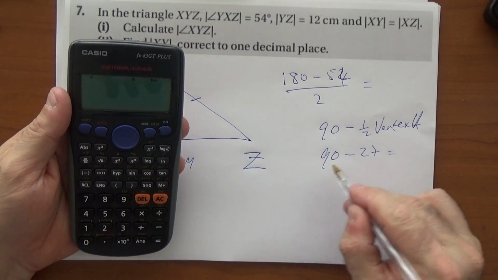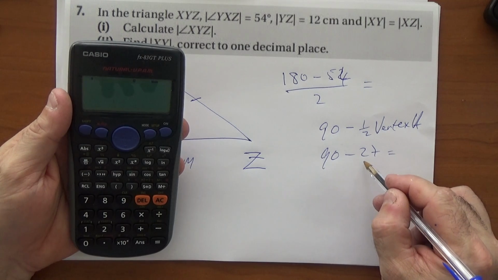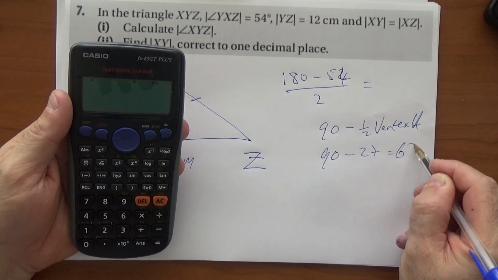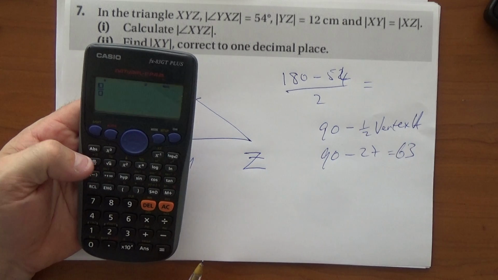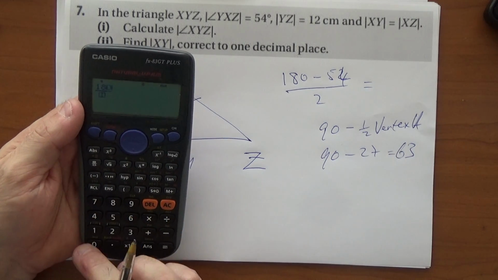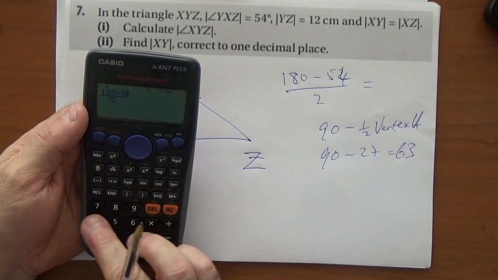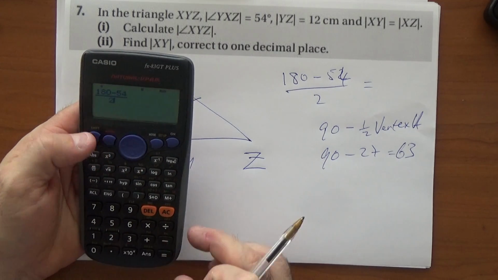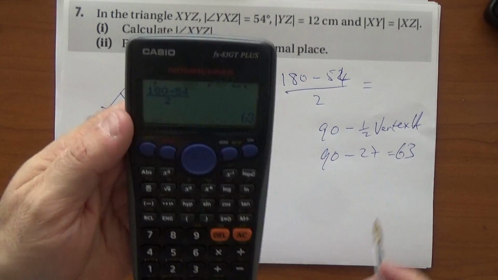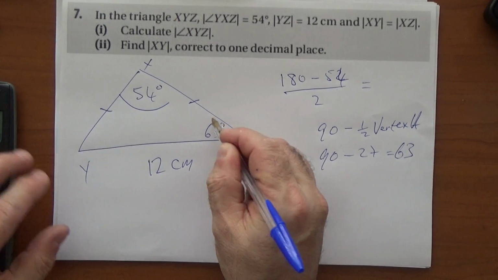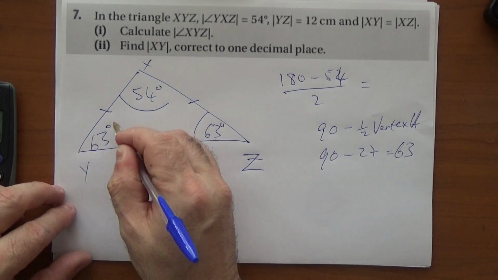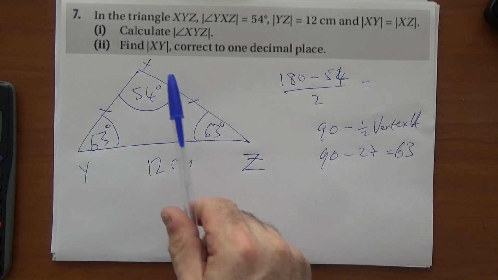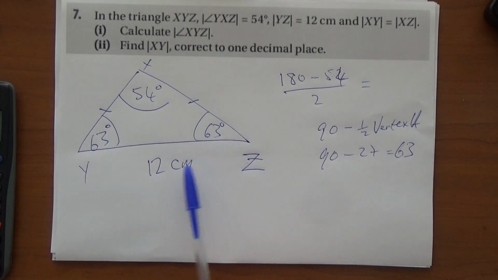It's going to be 63. Let's be double sure. Fraction bar 180 minus 54 over 2. Now, I haven't even read the question, but it's pretty certain I'm going to need that 63 here and here. Okay, calculate the angle at Y, done.